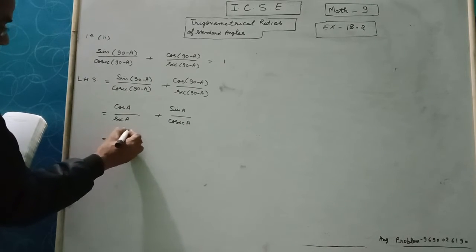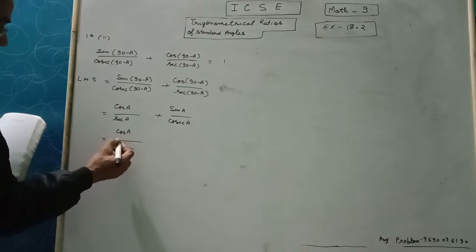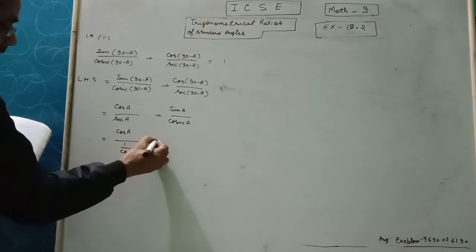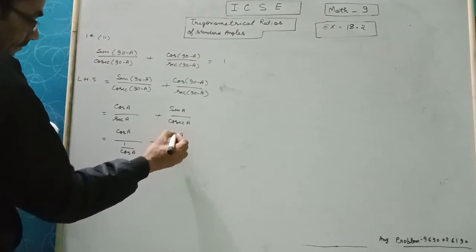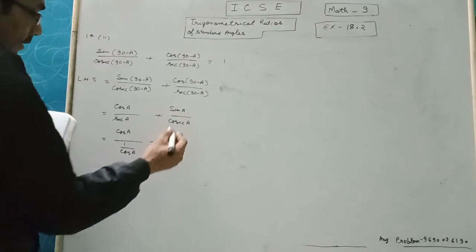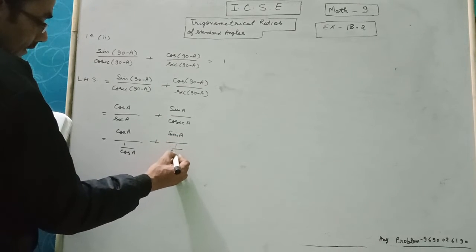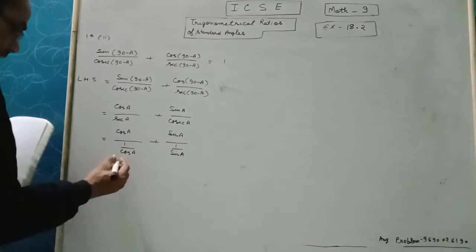Cos a and sec a are reciprocal, so write 1 upon cos a, plus sin a, and sin and cosec are reciprocal, so 1 upon sin a in place of cosec.